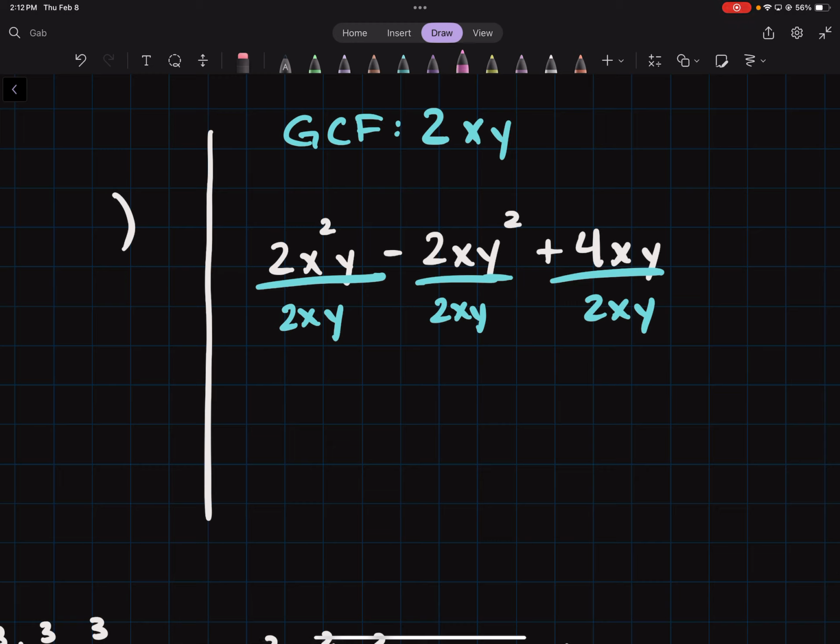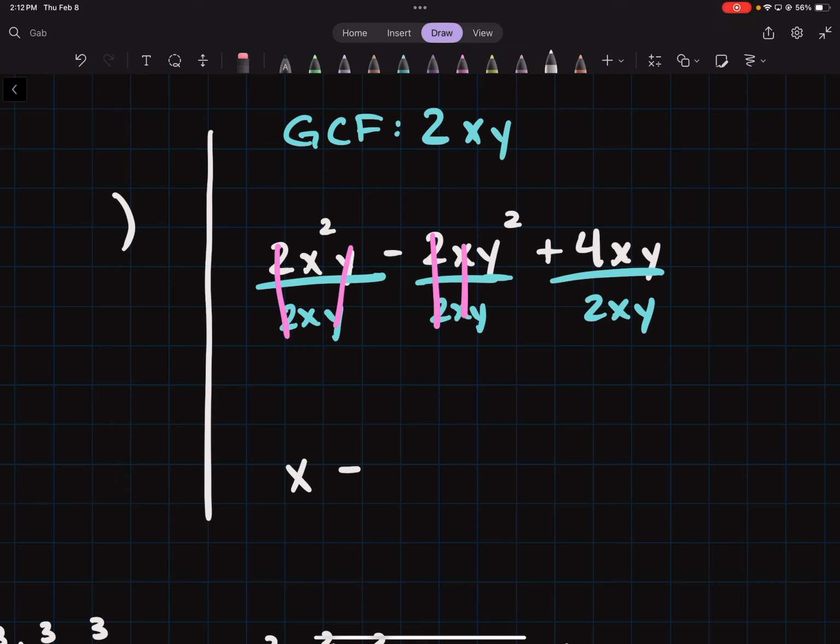Okay, 2 divided by 2, that's 1. Do I need to put it? No, I don't. X squared divided by X is X. Y divided by Y is 1. 2 divided by 2 again, 1. X divided by X, 1.